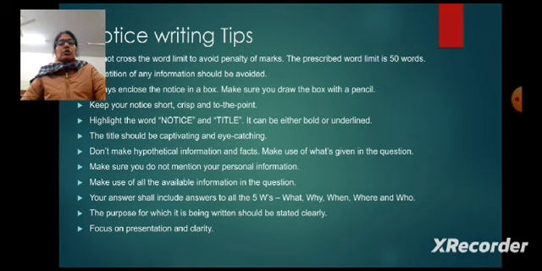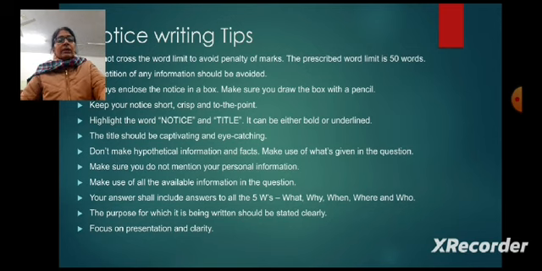The title should be eye-catching or captivating, because just after having a look at the title, the reader must come to know what the given notice is about.